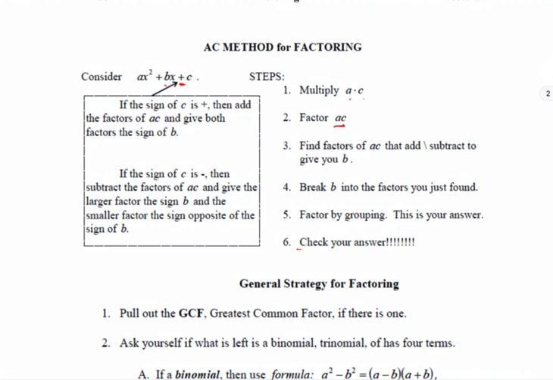You can check your answers for all of these. When I check my answers, I will use the distributive property twice, and that is how I will check every single one of my questions.